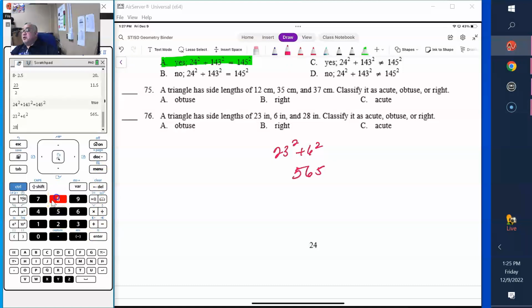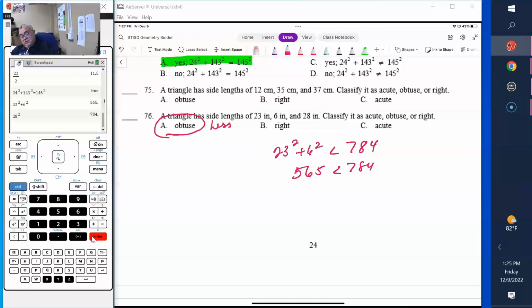And then you do 28 squared, 784, and you know that's less, so it's going to be obtuse. If it's less, it's obtuse. If it's equal, it's right. If it's greater, it's acute.